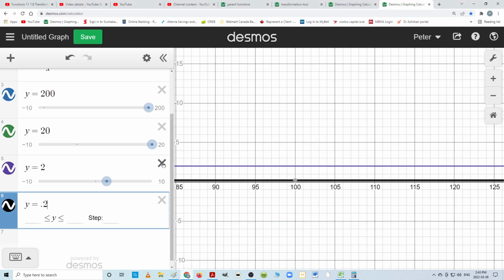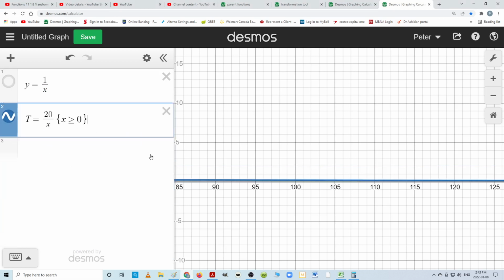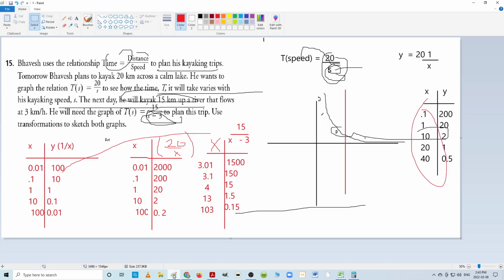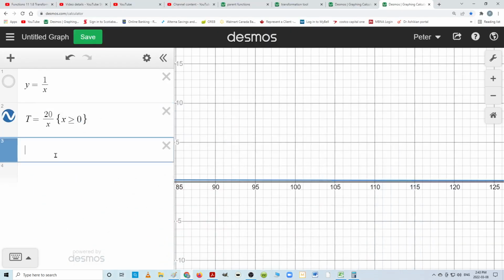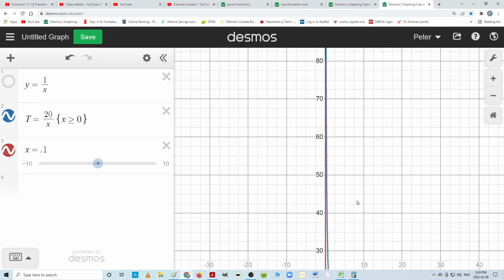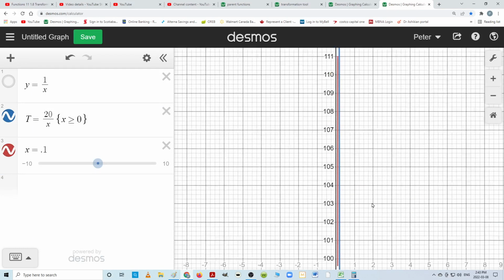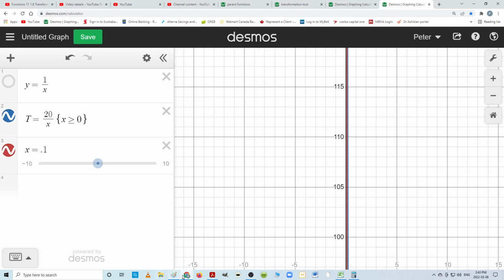Let's use the x values instead. It'll be a lot easier. So the x values I'm looking at are 0.1, 1, 10, and 100. Let's see where that crosses. Still didn't cross there. Where's it supposed to cross?